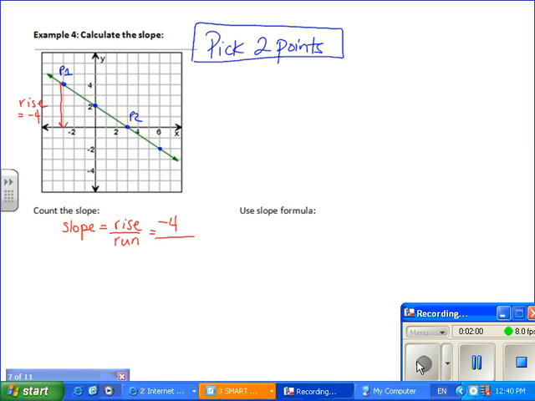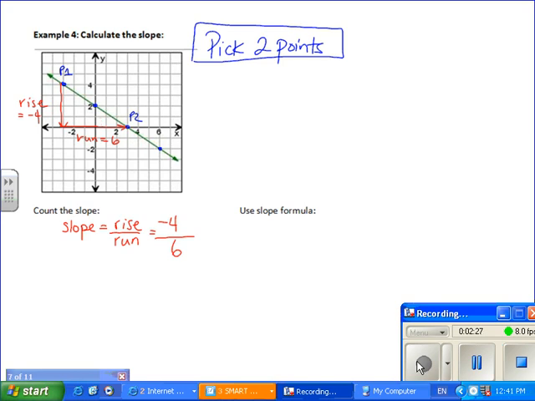And my run is going to be how many divisions on my x-axis do I have to go over to get to point 2? So there's my run. I'm down here at negative 3, and I have to go 1, 2, 3, 4, 5, 6 in the positive direction. So 6 is my run. I'm going from negative 3 to positive 3.